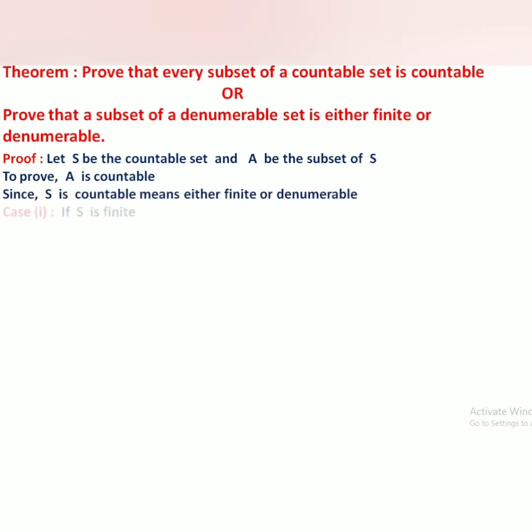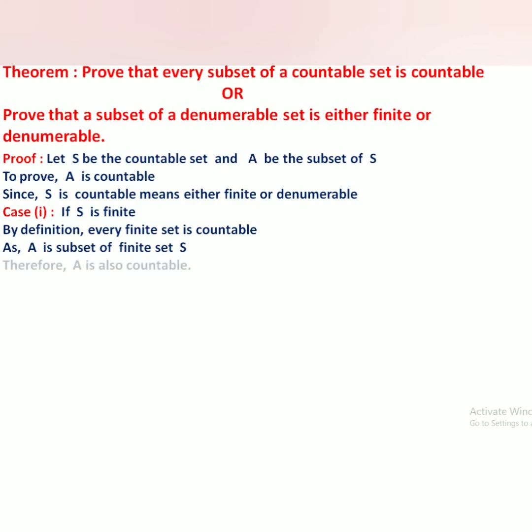Since S is countable, it means either finite or denumerable. If S is finite, first case I take, if S is finite, by definition every finite set is countable, and A is a subset of S means A is also finite, therefore A is also countable.